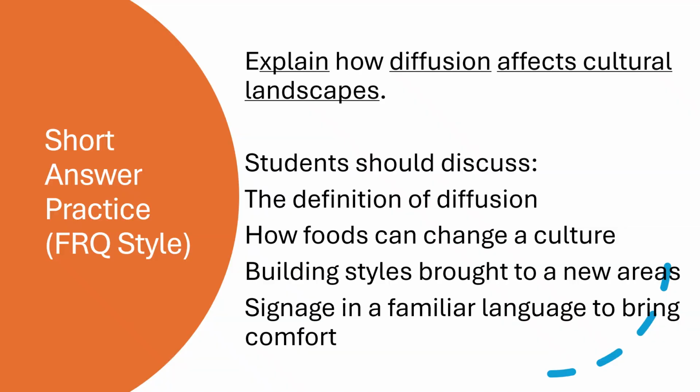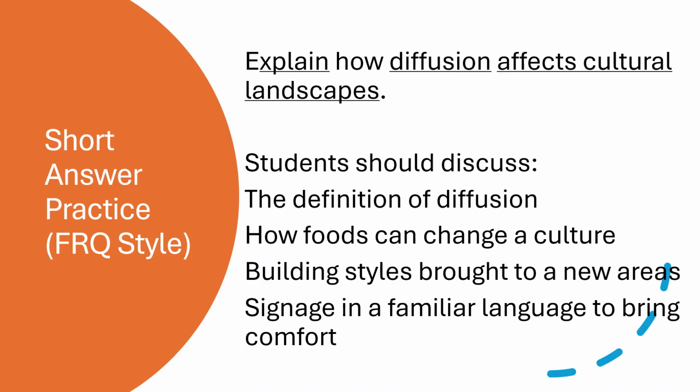Let's look at a quick little FRQ piece. This says explain how diffusion affects cultural landscapes. Students should be able to discuss and explain. And explain is a couple of sentences with examples. So first, explain how diffusion affects cultural landscapes.